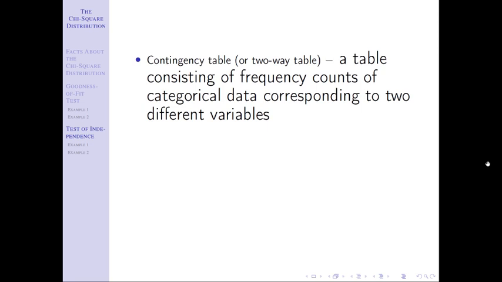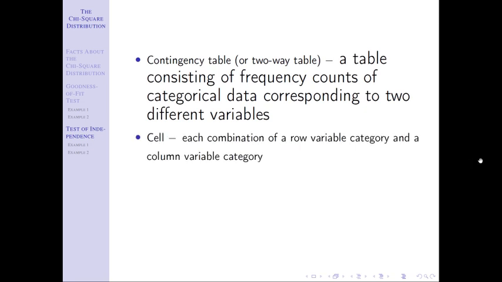It's also called a two-way table, and it's basically just a table with rows and columns, where the row outlines one variable and the column outlines the other variable, and then each cell is going to have a different count for each of the possible intersections. So the idea of a contingency table would be that on the one axis, you might put someone's hair color, and on the other axis, you might put their eye color.